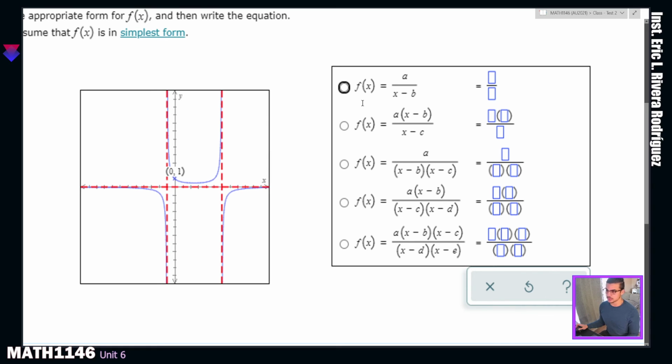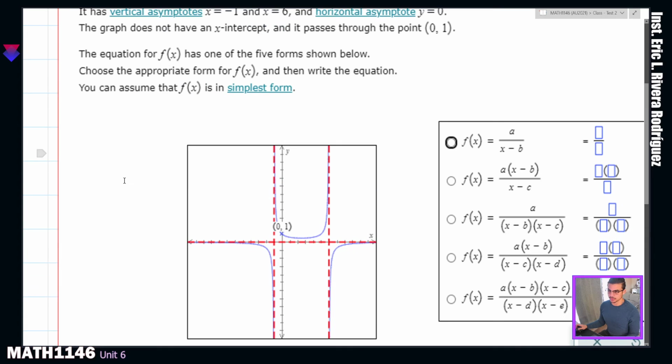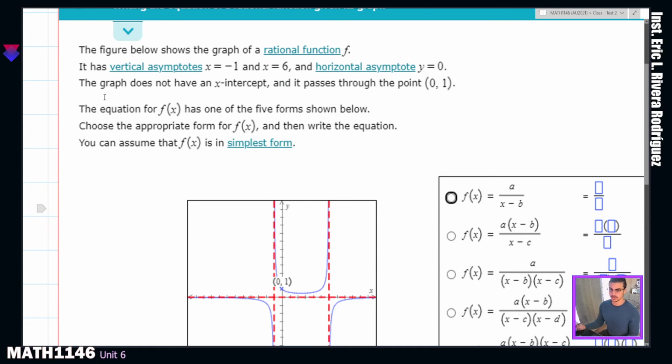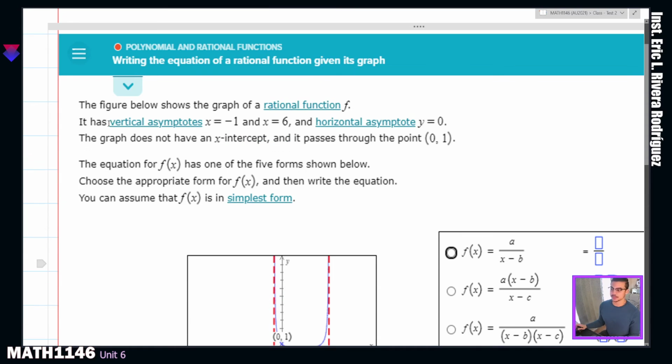Then you need to choose first the structure of the equation of the function, and then you need to find the values for each constant a, b, and c, or d. You have the graph of the rational function, and you have some information.